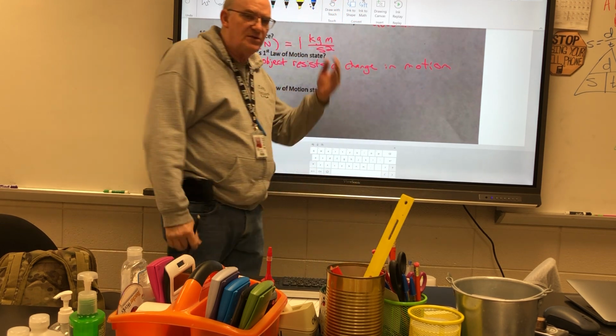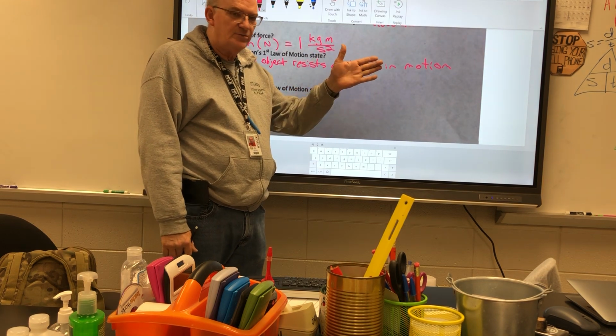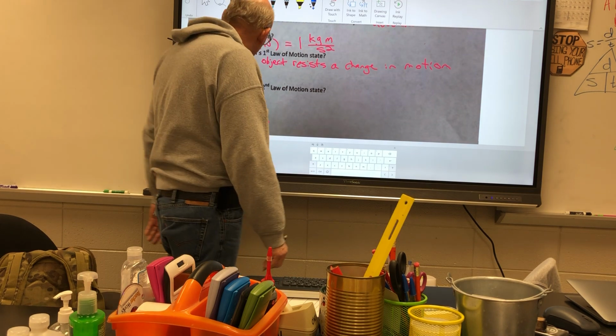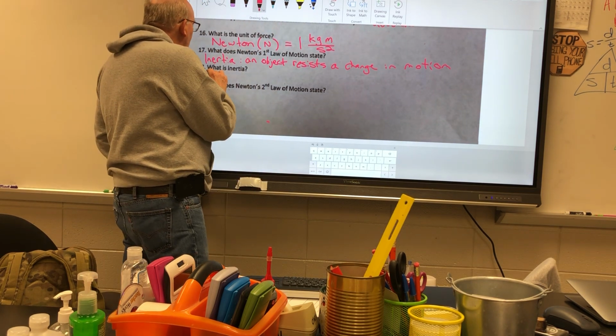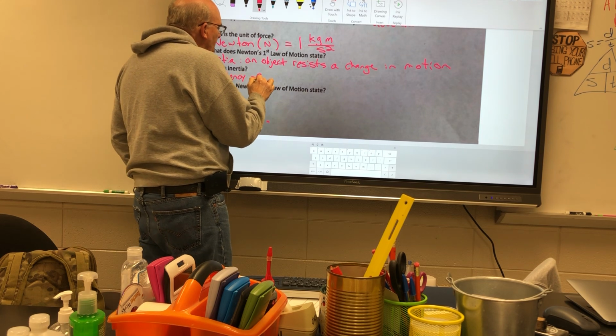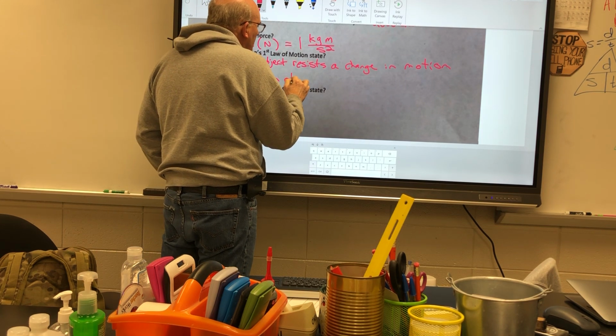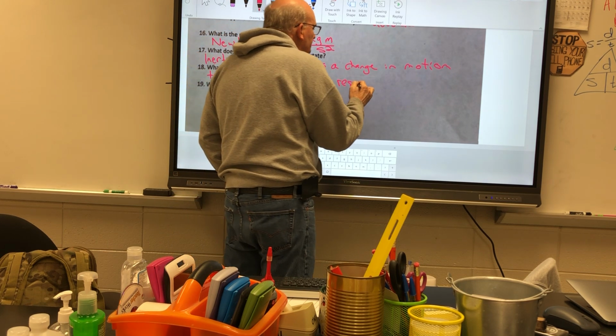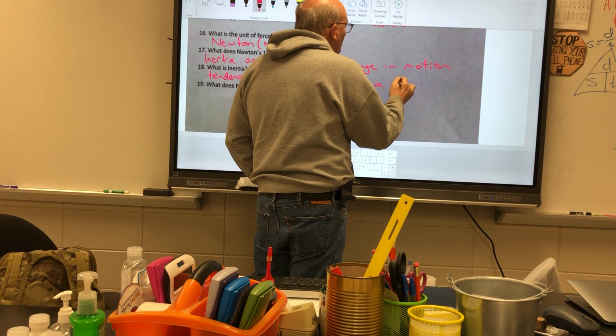If an object is at rest, it wants to stay at rest. If it's moving, it wants to resist any change of speed or direction. Inertia is a tendency of an object to resist a change in motion.